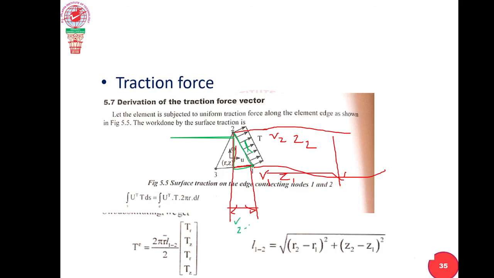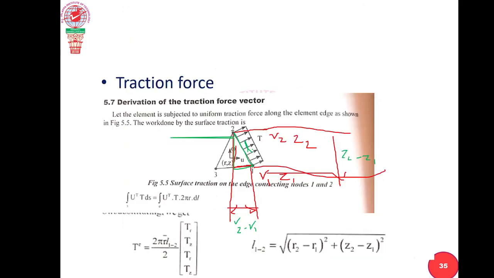R2 minus R1, correct? What is this vertical height? If you take the whole root, you will get this length, the hypotenuse length. Pythagoras rule. Understood? Small things are very important. That's what I'm saying.